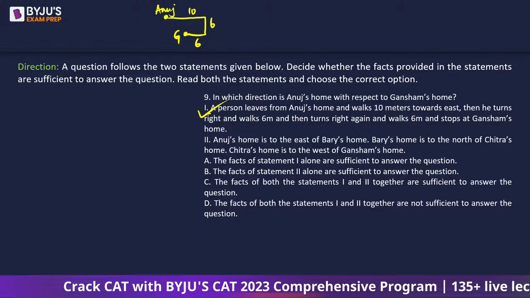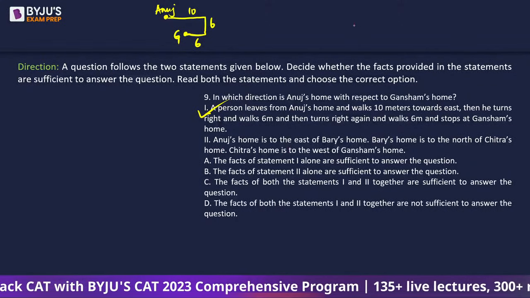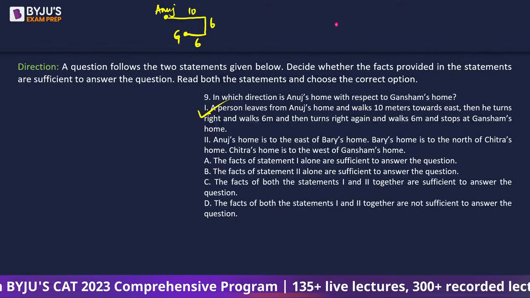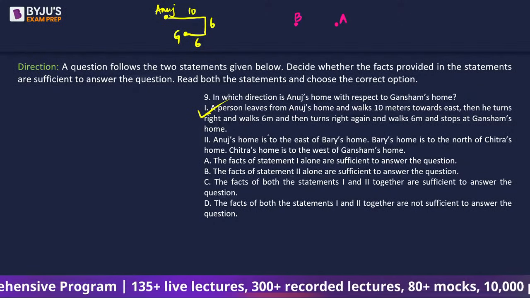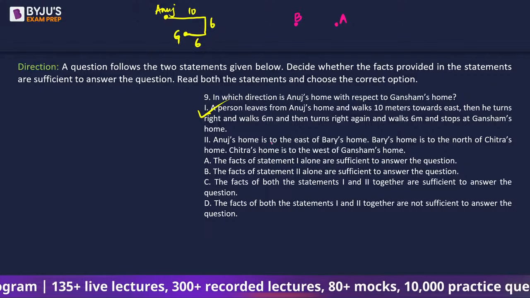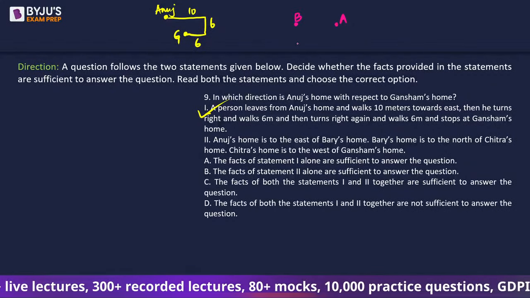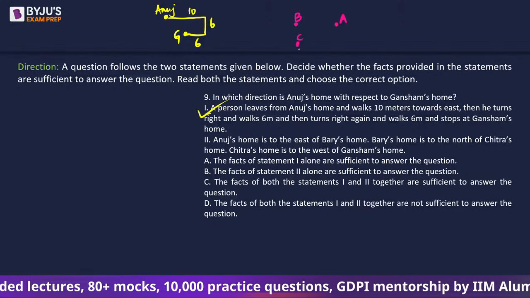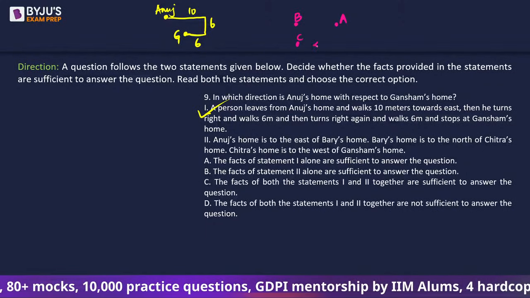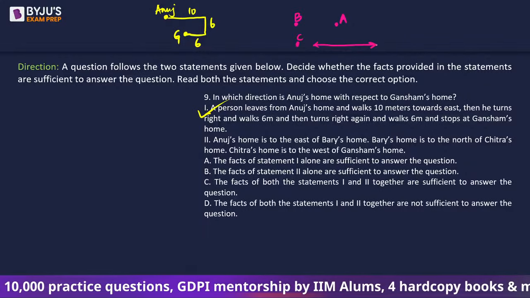Now let's look at the second one. Anud's home is to the east of Berry's home. ठीक है. Berry's home is to the north of Chitra's home. Okay. And Chitra's home is to the west of Ghanshyam's home. So Ghanshyam's home can be anywhere, right?